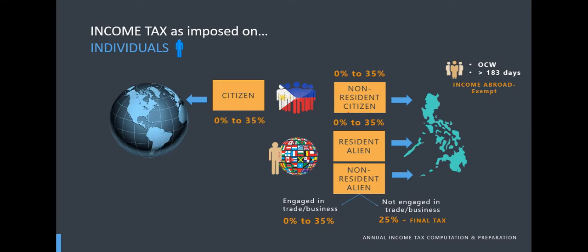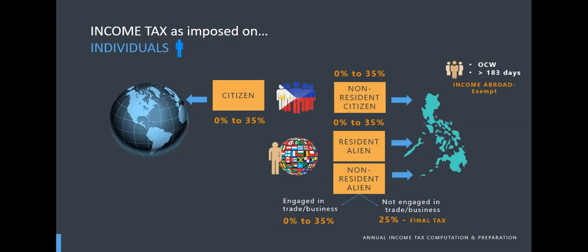The tax rate imposed for non-resident aliens engaged in trade or business is from 0 to 35%. For those who are not engaged in trade or business, the rate imposed is 25% final tax. Why final tax?